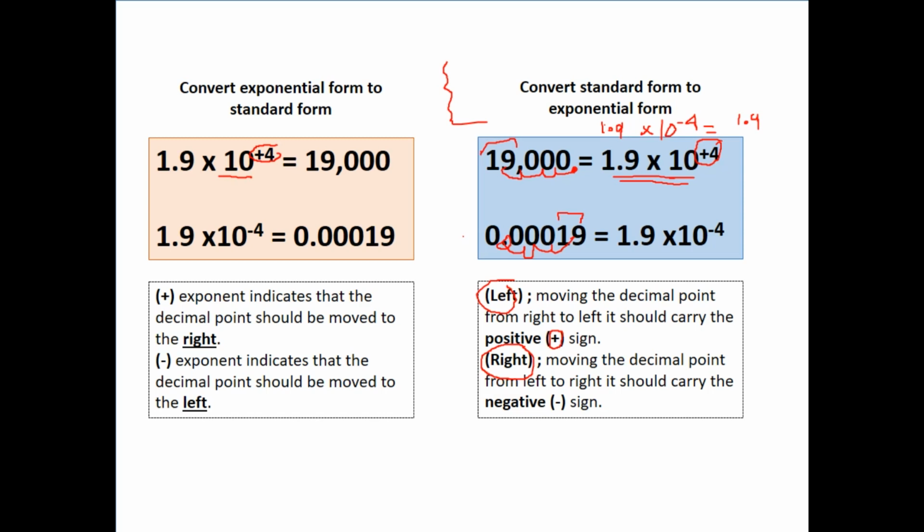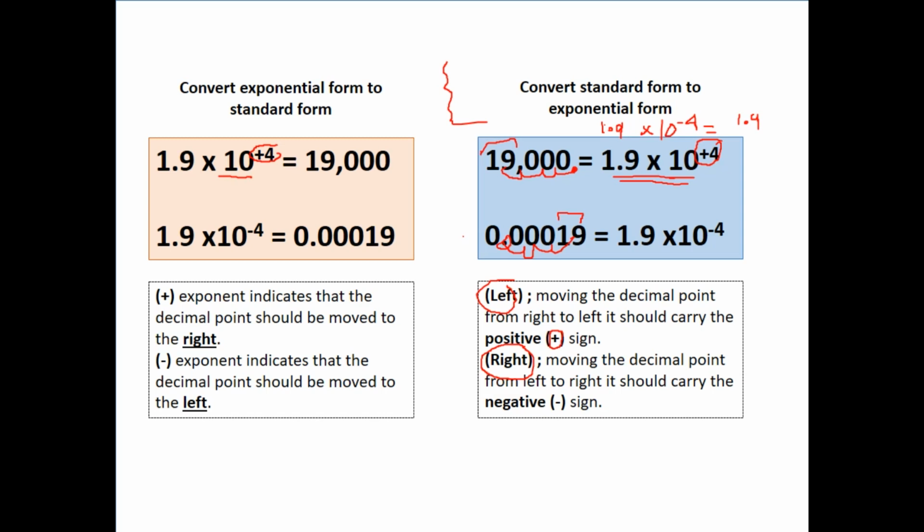So below, you can also see the important thing that you have to know. A positive exponent indicates that the decimal point should be moved to the right side. So if you have an exponential notation, you see times 10 raised to the power of a positive number. Since it is positive, sometimes a whole number is written, but it indicates that this is a positive 4.